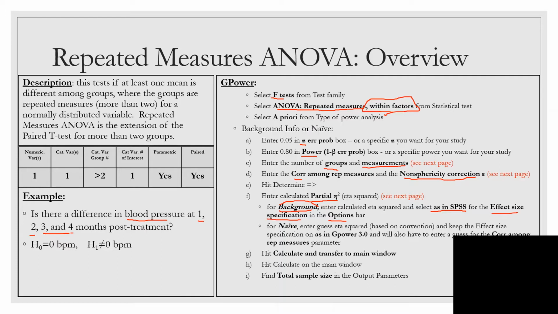Now, naively, you just guess an eta squared based on convention. Keep that, but you'll need to keep the effect size specification from that options bar as in G-Power 3.0. You also have to guess your correlation. Once you have all this entered, you can calculate it and get the total sample size.